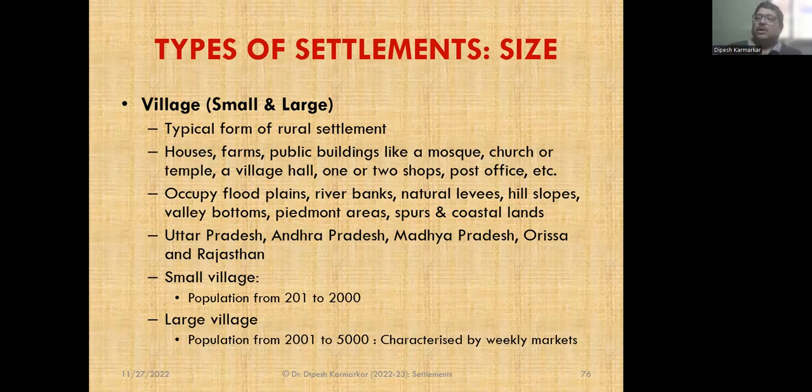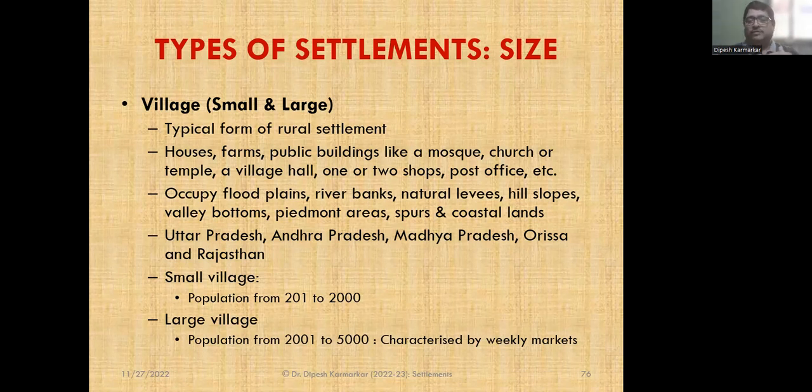Now, another point to be noted is that in different countries there are different figures, different definitions or criteria used for how much population will qualify a settlement as rural or urban. So a particular population may qualify a settlement to be urban in one country, but a similar settlement with a similar number of people in another country may still be considered rural.